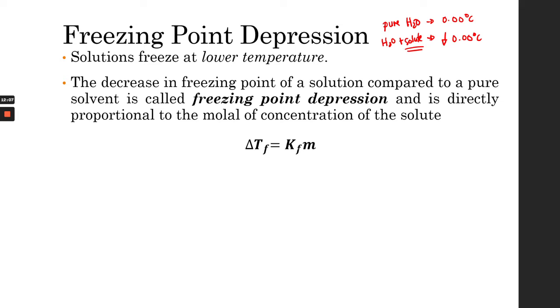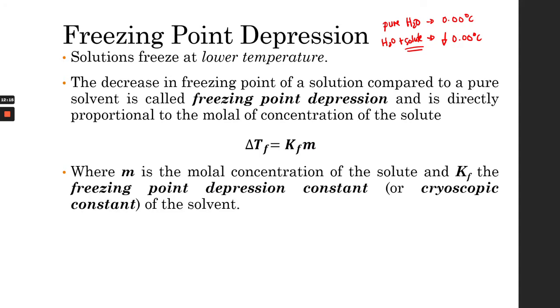We get that by multiplying Kf to the molar concentration of solute. So m is the molar concentration of solute, and Kf is what we call the freezing point depression constant or cryoscopic constant of the solvent.